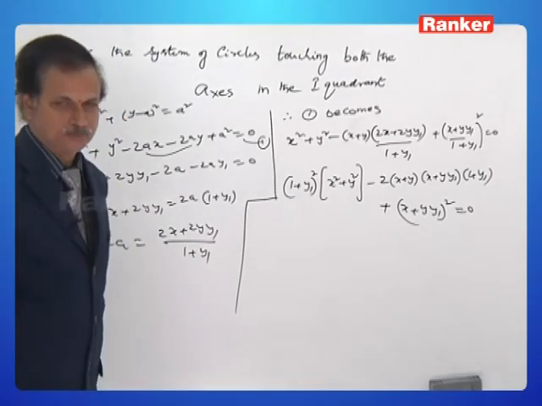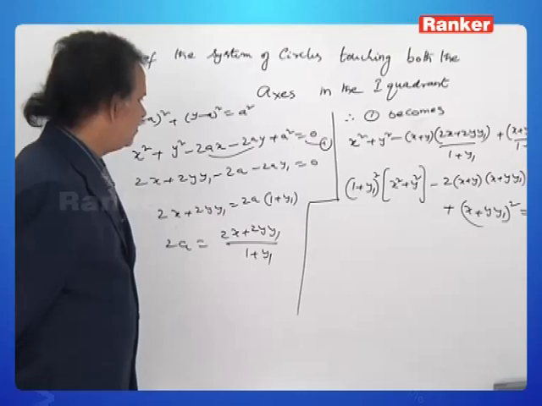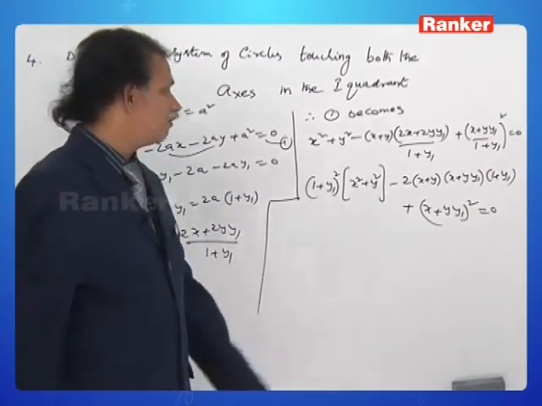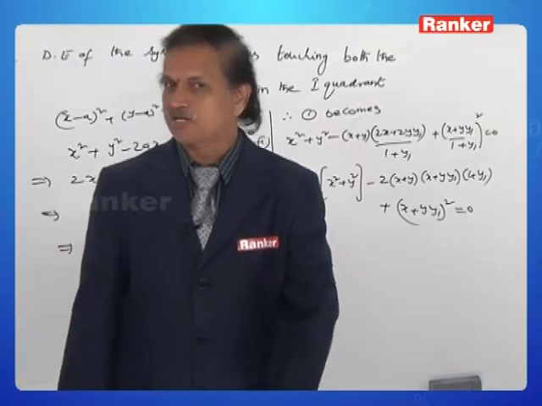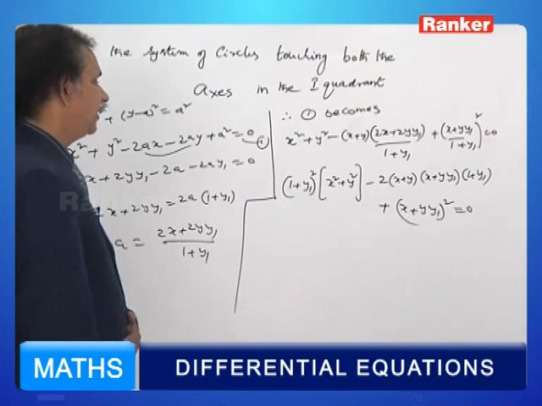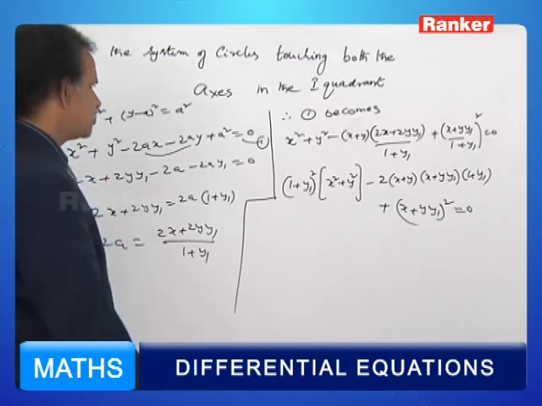That is the equation, and it can be simplified according to the need of the question. Depending on the nature of the options given in the question, you can simplify that. It's not impossible.